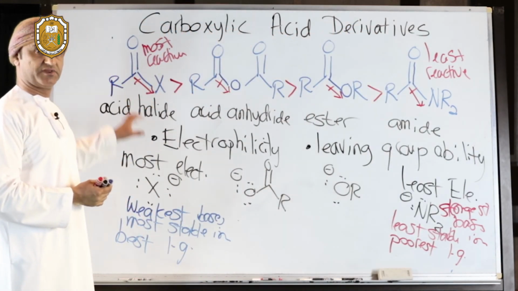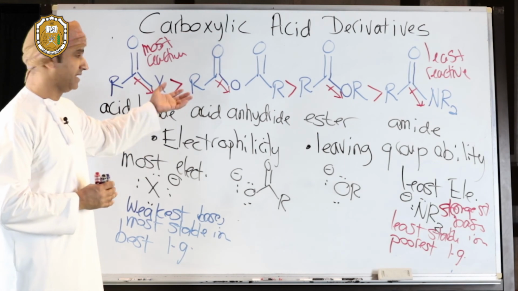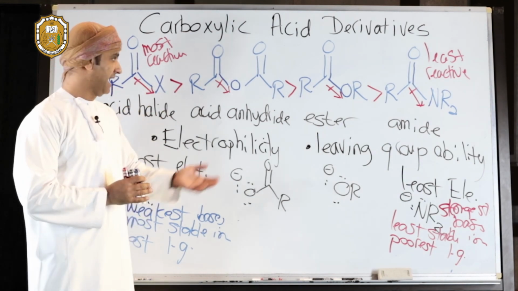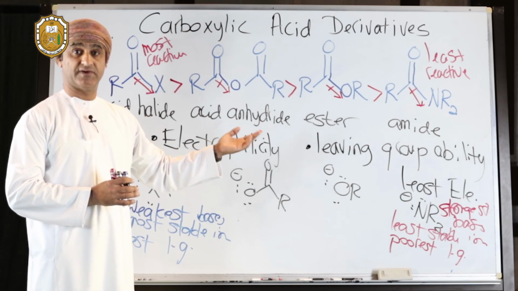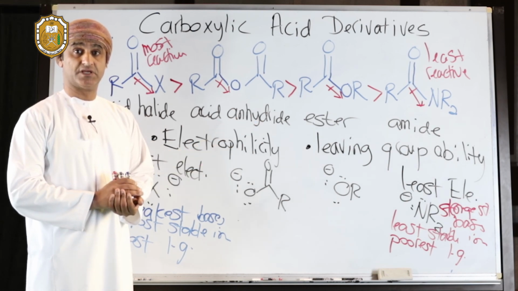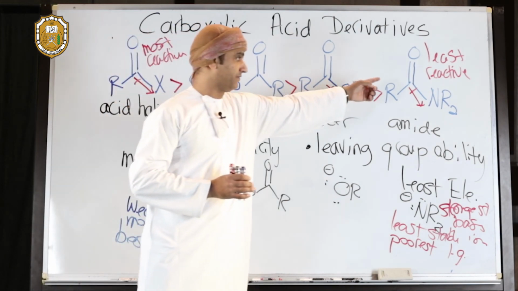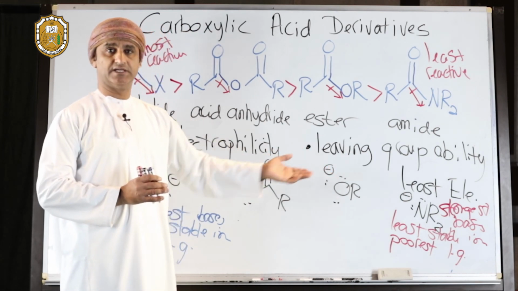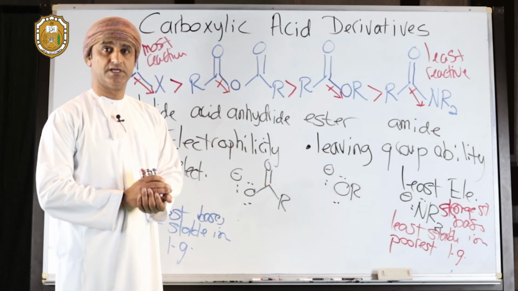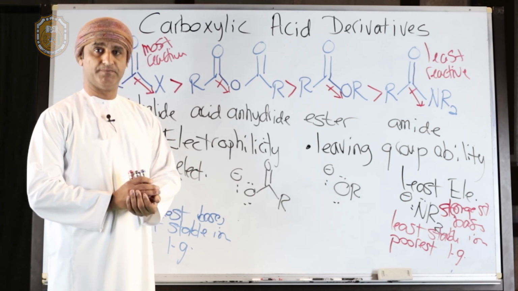Acid halides are the most reactive in nucleophilic acyl substitution reactions, followed by acid anhydrides, esters, and finally amides. Amides are the least reactive. Again, that's because they contain the least electrophilic carbon, and the amide ions are the worst leaving groups. We will talk about details very shortly.